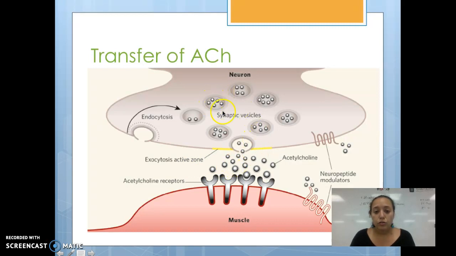And these are your synaptic vesicles. A vesicle is something that holds structures, so that's what these bubbles are essentially. Synaptic means close to the synapse. They're holding neurotransmitters called ACh, acetylcholine, and those are what create muscle contraction.